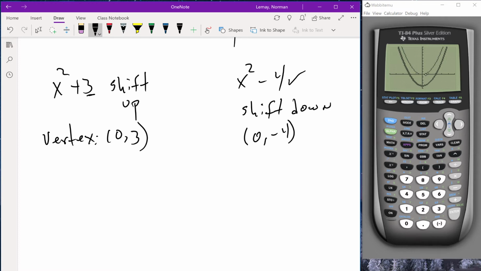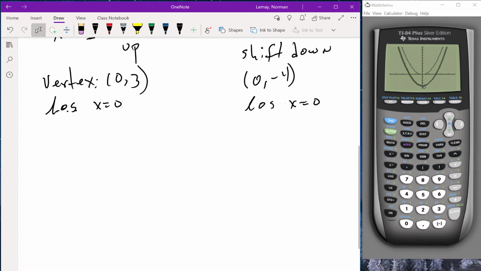So if we take this graph and shift it down, then that's going to have an effect on the vertex. Let's just notice that since we did not shift to the left or to the right, the line of symmetry is still x equals 0. Okay?